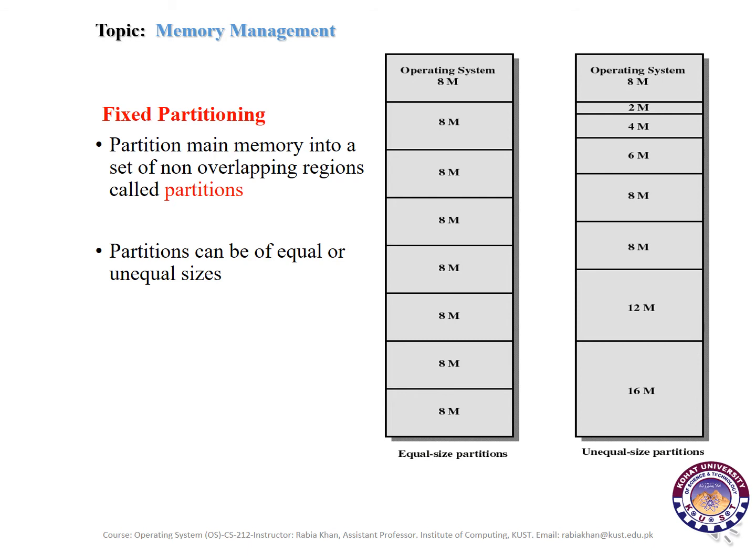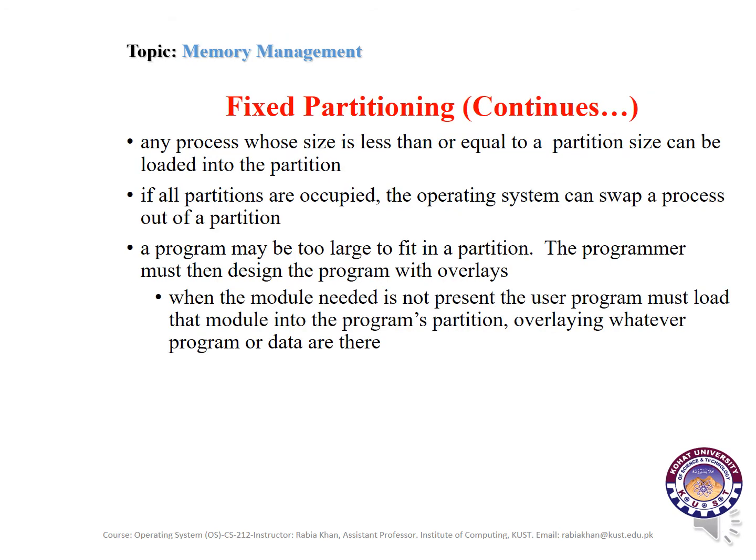If a process is small in size, it would still occupy the whole partition. For example, a process of size 2 MB would reside in a complete 8 MB slot. How are processes placed in those partitions or slots?